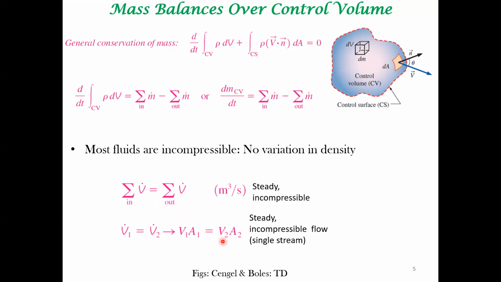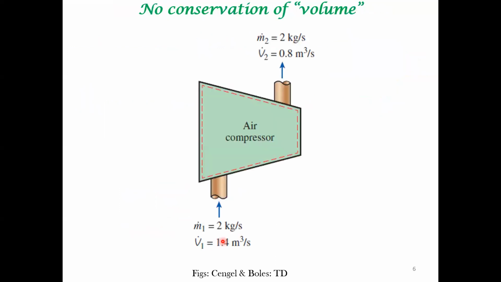While we have laws for conservation of mass, there is no real law for conservation of volume. For example, here, when you consider an air compressor, if you implement a conservation of mass, you can see that at steady state, the incoming mass per unit time is the same as the outgoing mass per unit time.